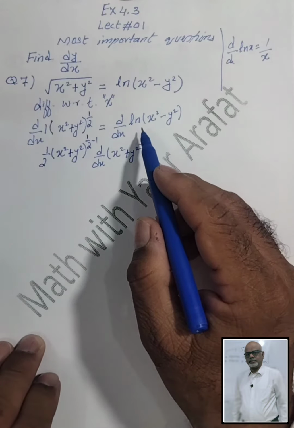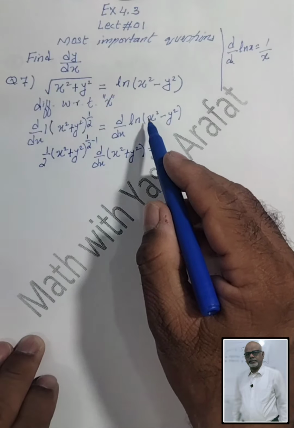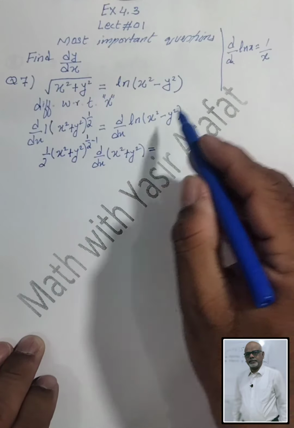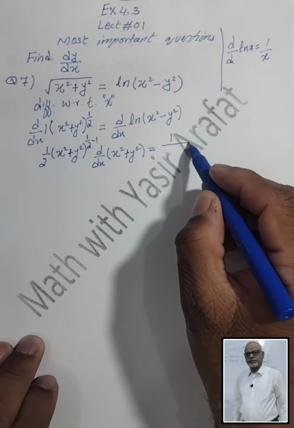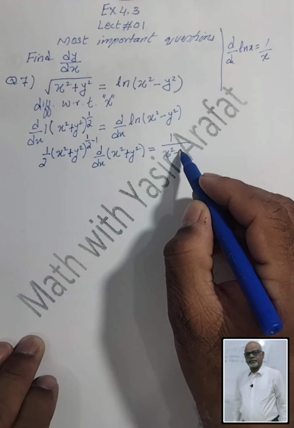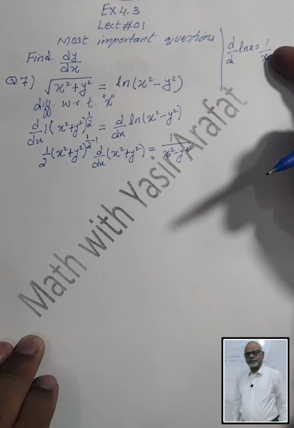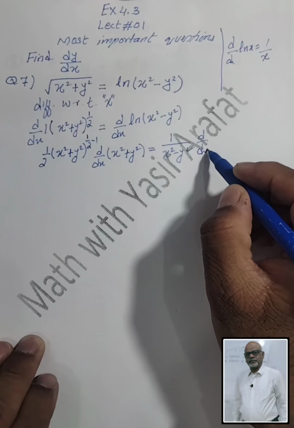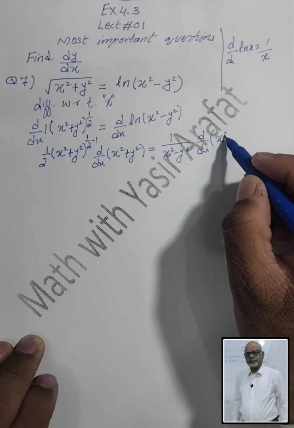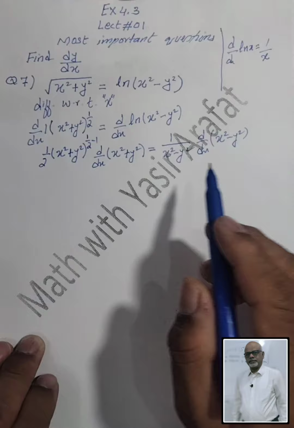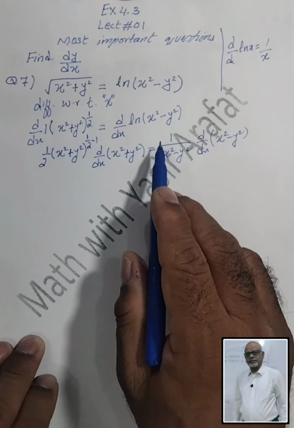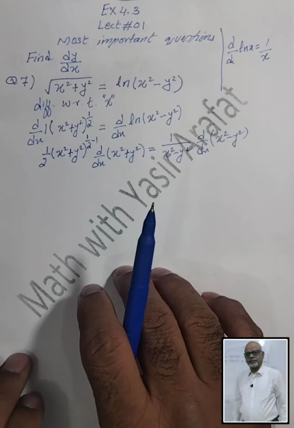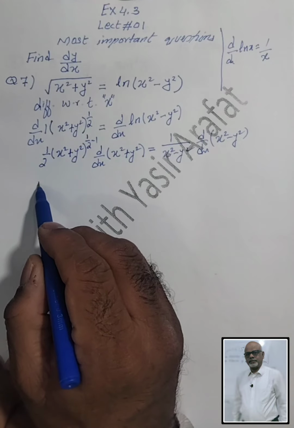So the derivative of ln x, where x means x square minus y square, is 1 over x square minus y square according to this formula. Then we have to find the derivative of x square minus y square. This is the derivative of the function, and then we have to find the derivative of x square minus y square here.